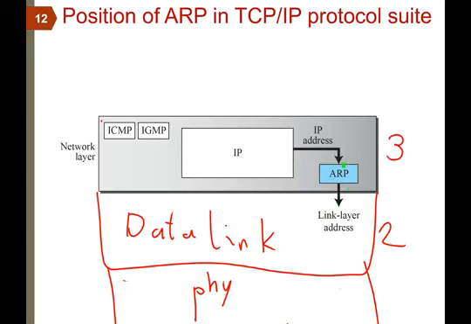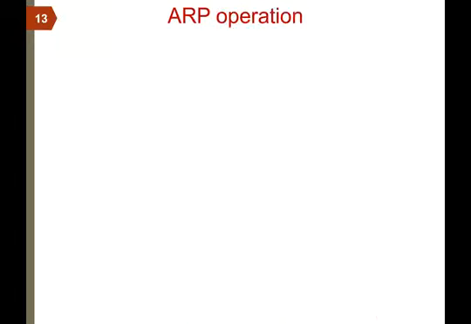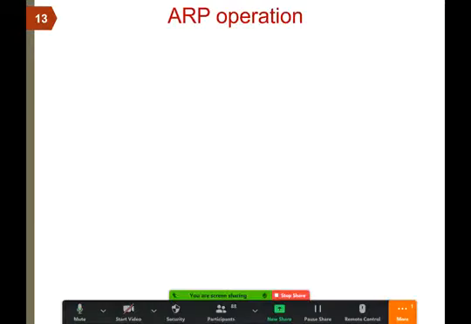So we use ARP services in layer 2. It works actually in layer 3, or the network layer, as we'll study later, the IP and ICMP, IGMP, all these are network layer protocols. Now we'll see how ARP operates.